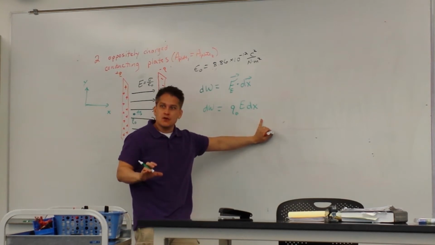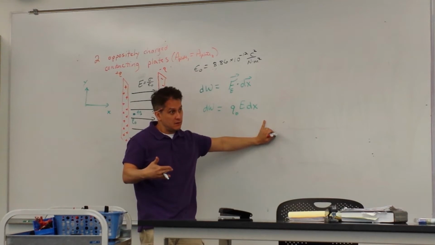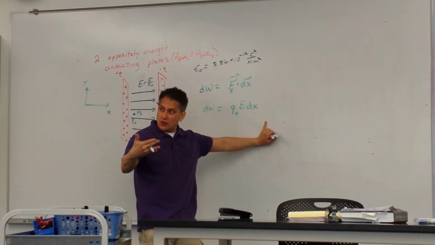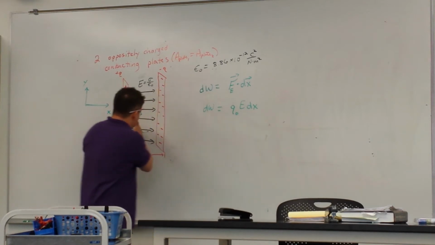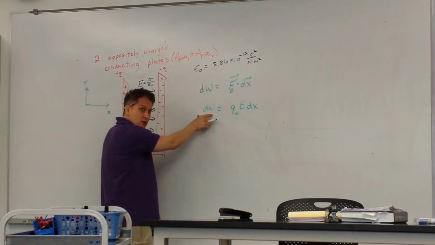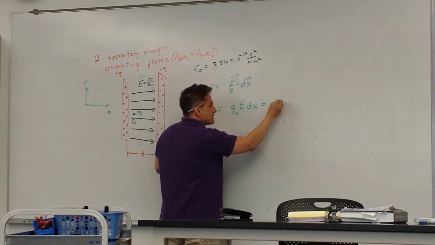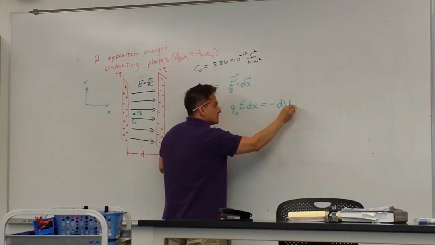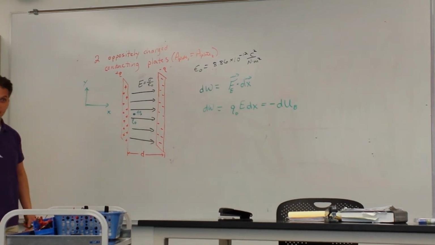But since it's a conservative force, there is a corresponding potential energy. And the work associated with that conservative force is related to minus the change in the potential energy associated with that force.